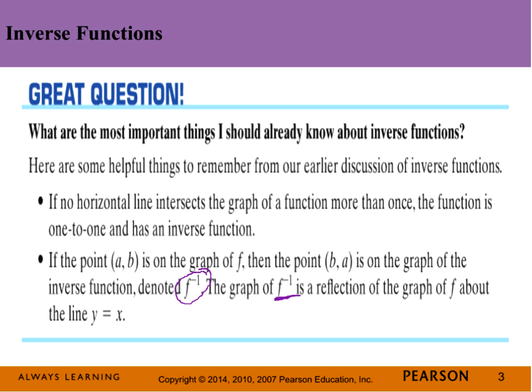Also, another characteristic that we have is that the graph of the inverse function is reflected across the identity line, which is the line y equals x. So I'll just draw you a quick picture of what that's talking about up in the purple space at the top. I'll just use one of the common functions and its inverse that we encounter in college algebra.